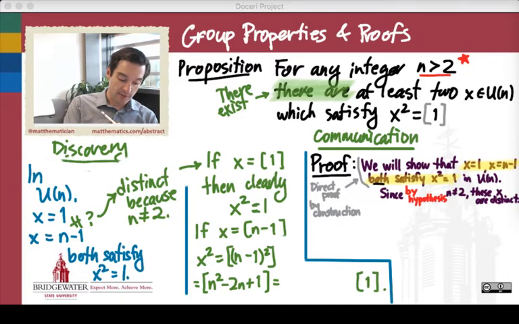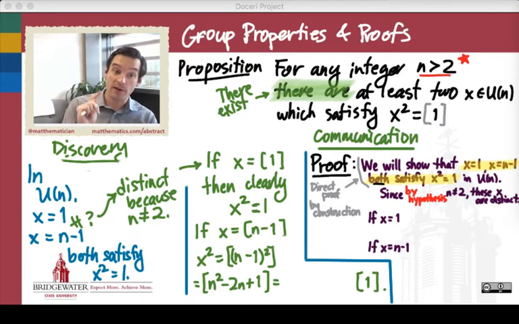And I'm going to write them as separate entries here. If x is equal to 1 and if x is equal to n minus 1. And now that I know that those are going to be my two separate things that I have to independently prove, I have to prove that x equals 1 satisfies this equation and that x equals n minus 1 satisfies this equation. Now I can just do it.